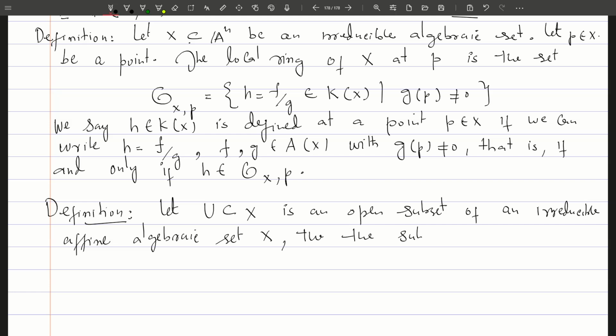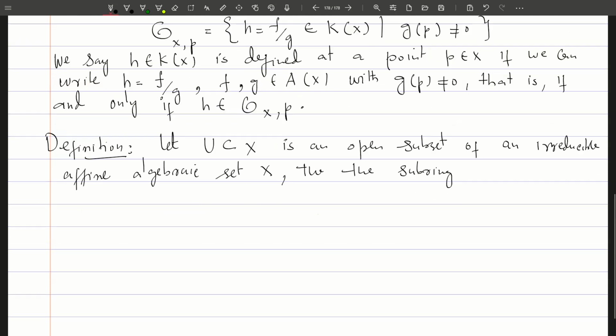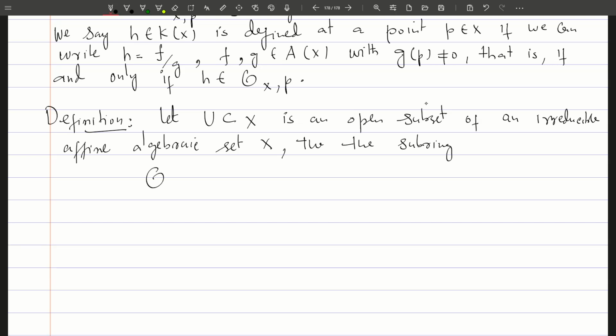the subring, fancy O sub X of U, is the intersection of all local rings at point P, where this P is in the set U. This intersection runs over all the points in the open set U. So one can see this set also is a subset of the field of rational functions.